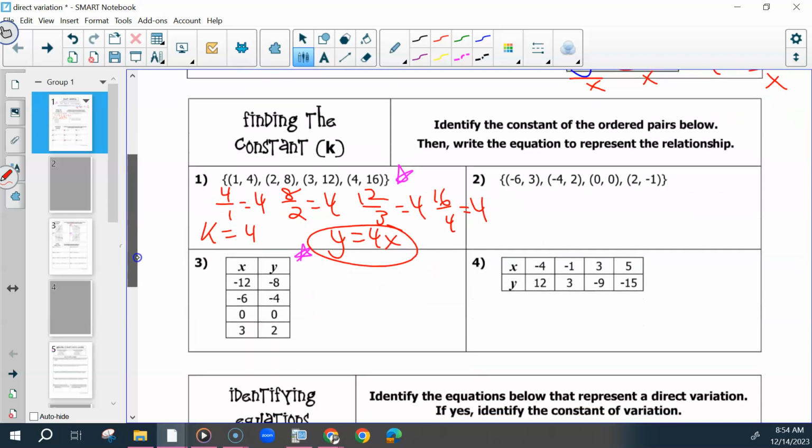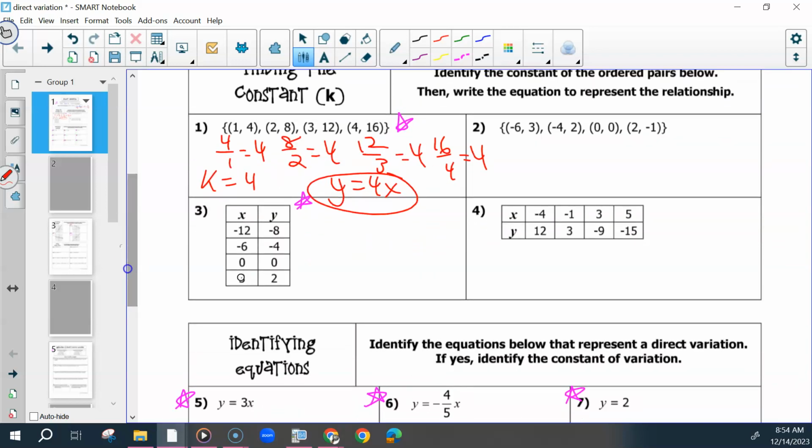So you could do this with ordered pairs or a table. If the k is constant throughout, then that is your k, and you can use direct variation. But when we do that here, divide y by x, skip the 0 over 0, but what are the other ones equal?